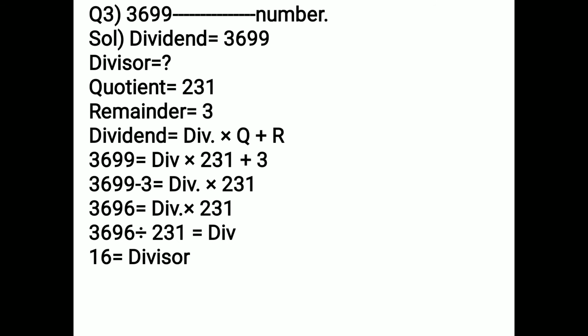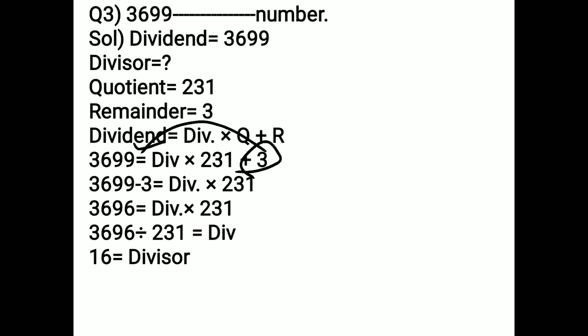Dividend is equal to divisor into quotient plus remainder. Now put all the values. Divisor is not given, so I will write div as it is. Now first of all, students, when we solve, firstly we send this plus 3 to the left hand side. Clear? So when the plus sign goes to the left hand side, it will convert into minus.